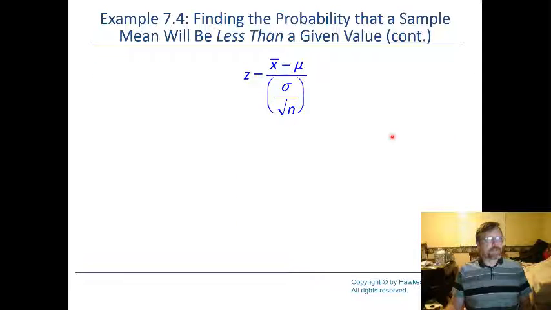So we're using this one. We're looking at the mean of that sample being less than 183. Same distribution mean, and our standard deviation now is the standard deviation divided by the square root of our sample size.